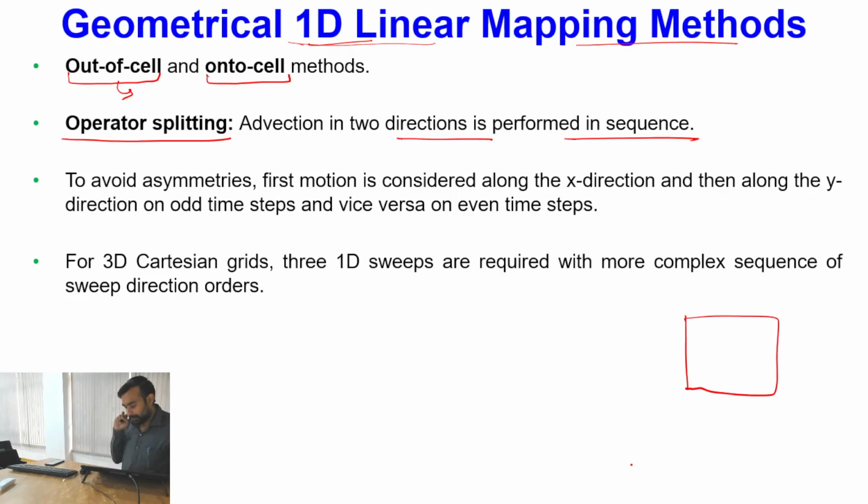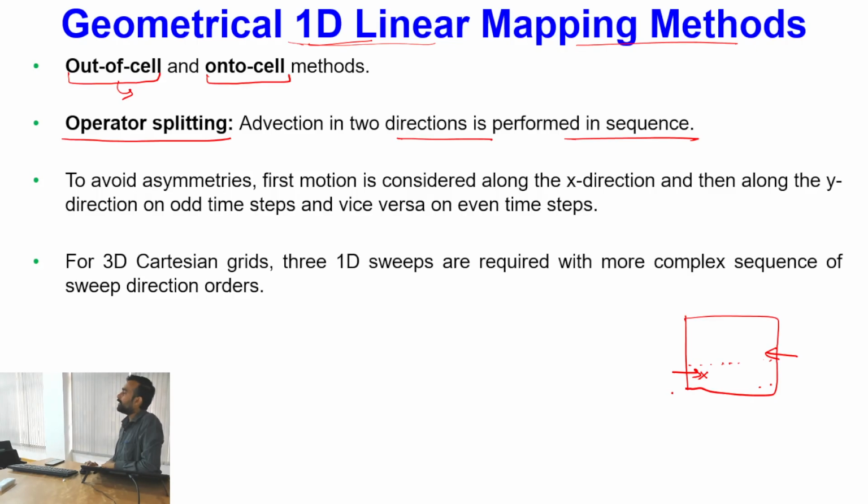For estimating the propagation of the field within the cell, if on one side I start the calculation from this direction, then in the next step I start the calculation from the other direction, so that the effect of all the boundaries is propagated simultaneously. In a similar way, in the first step, if we performed advection in the X direction and then in the Y direction, in the next step we will first perform advection in the Y direction and then in the X direction.